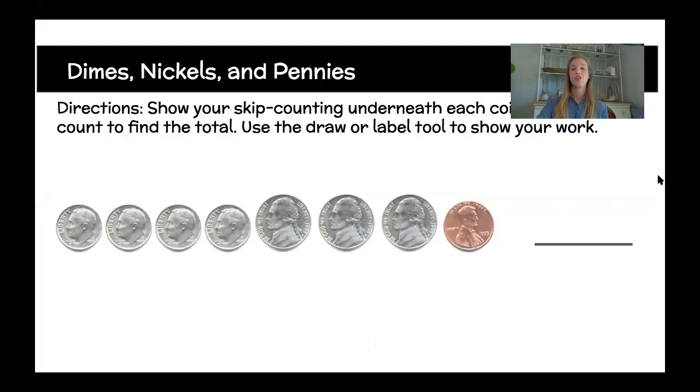All right, for number 2, please go ahead and find the value of the coins on your screen and write the answer beside number 2 on your paper or your whiteboard. Remember, if you need more time, you can always press pause and then press play when you're ready to go.